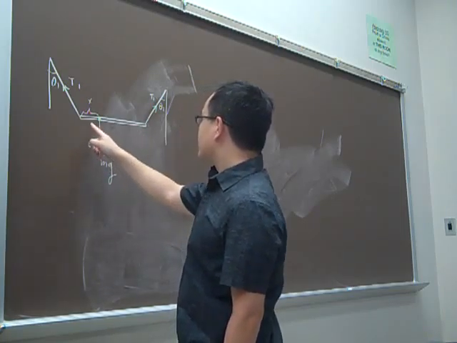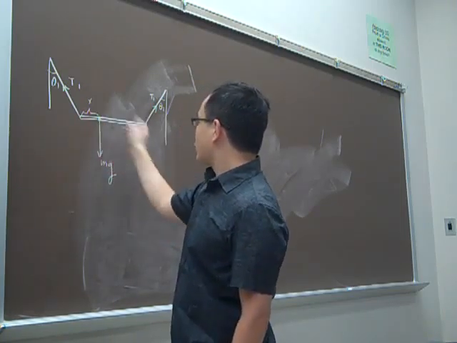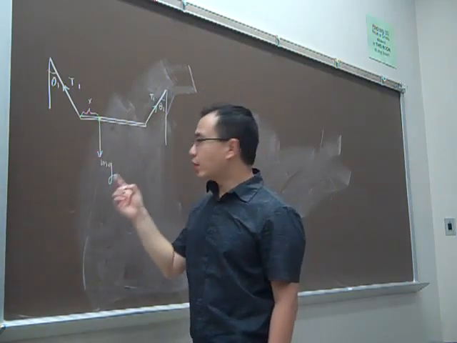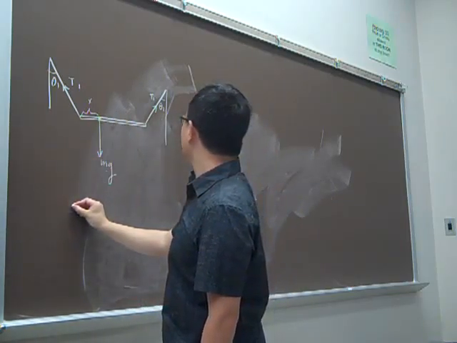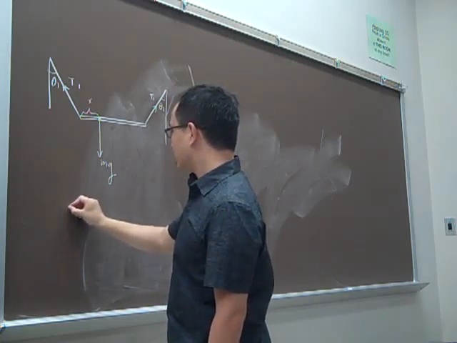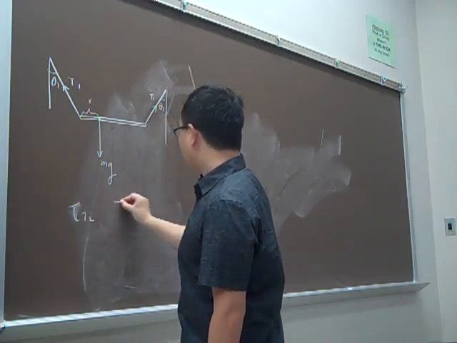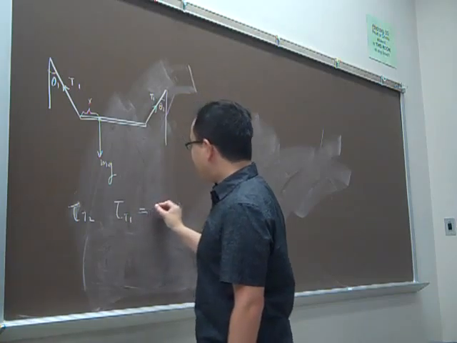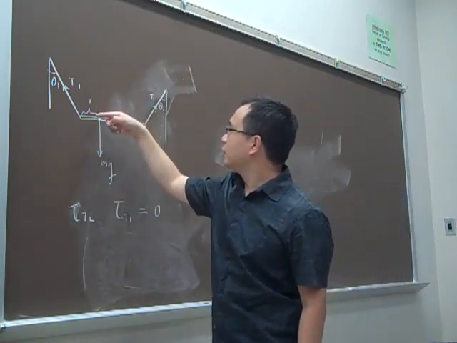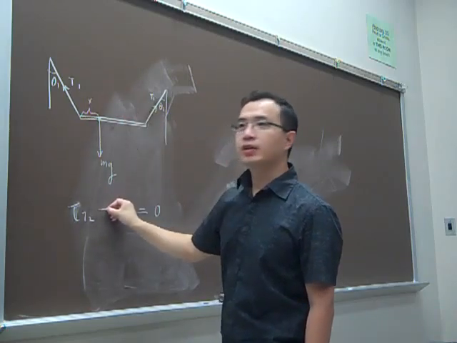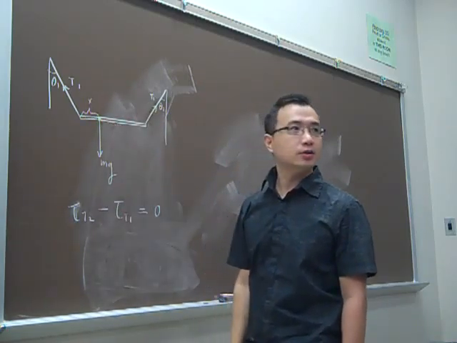And so then you have three forces. If you choose here as the center, you don't have the torque from this force, but you do have the torque from T2 and torque from T1. Together they will give you 0, and this is positive, this is negative, right? This is the center.